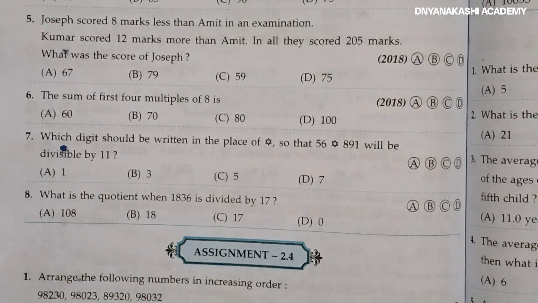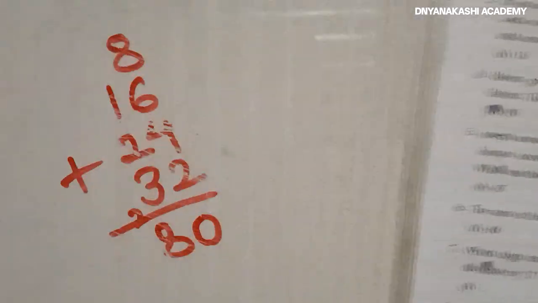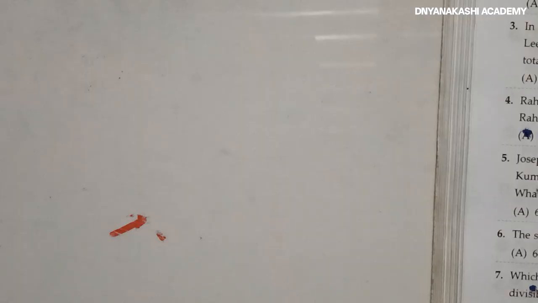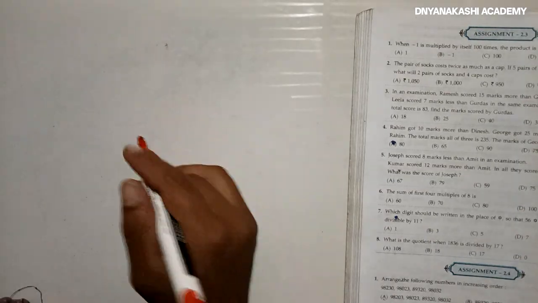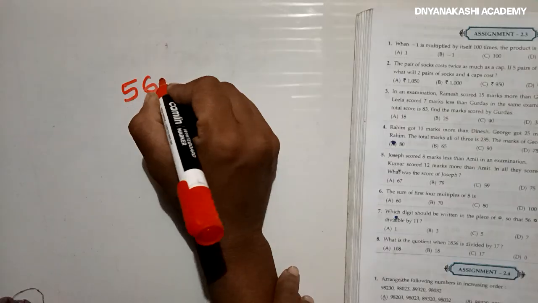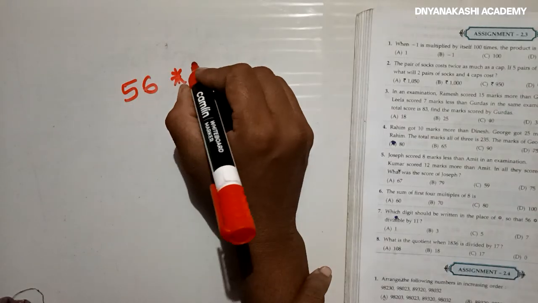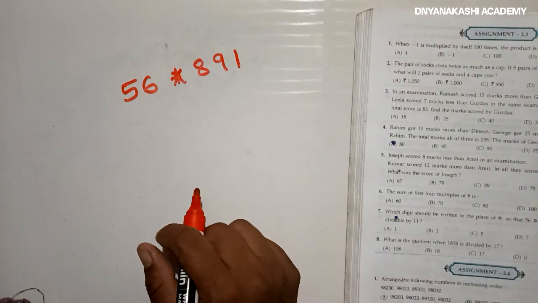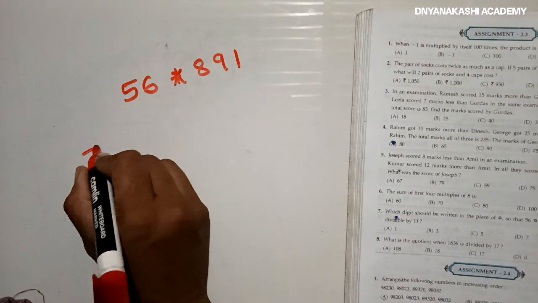We already know how to do the divisibility test of 11. What is our given number here? 5 6, then this symbol, and 8 9 1. How to do the divisibility test here?